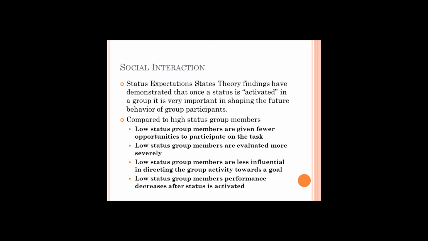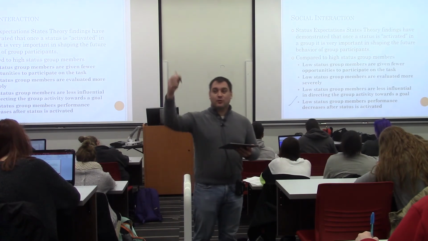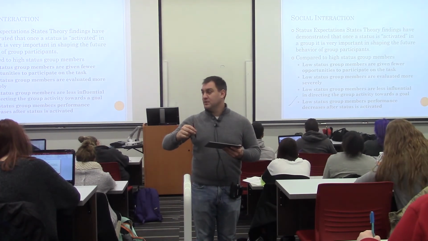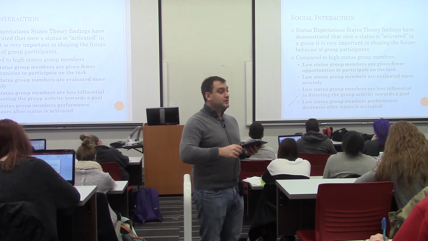Some people are really good, some people are really bad. If you got someone who was really good at building puzzles, but maybe was a freshman, and they got put into that group, their performance at building puzzles would actually drop while they were in that group. They wouldn't be as good at putting the puzzle pieces together as they would alone.